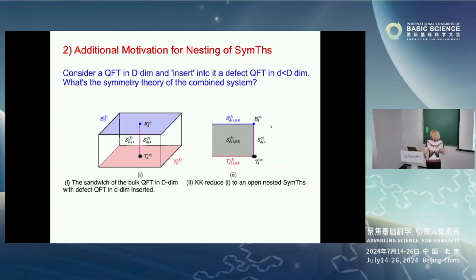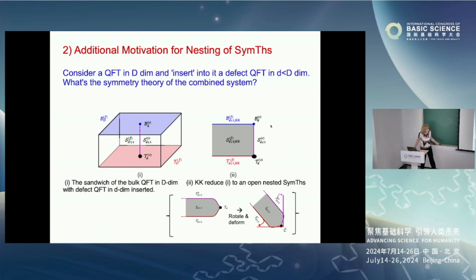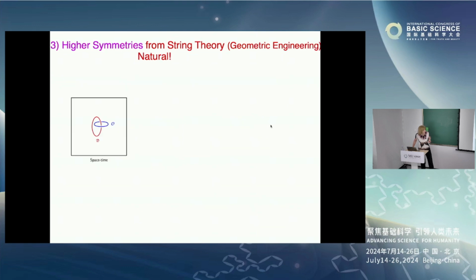And this picture is actually the same as I drew earlier, just a little bit rotated and deformed. So thinking of defects within the original quantum field theory naturally leads us to the introduction of these nested symmetry theories and the corresponding physical edge mode sitting at this corner.